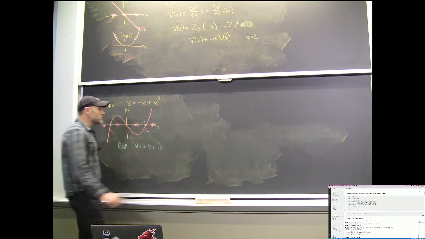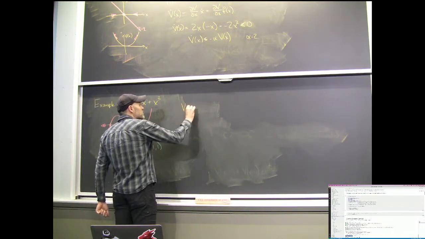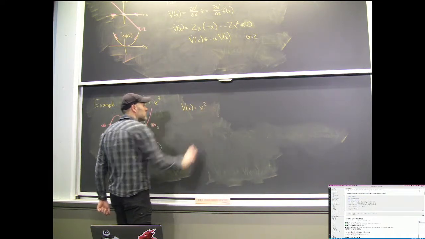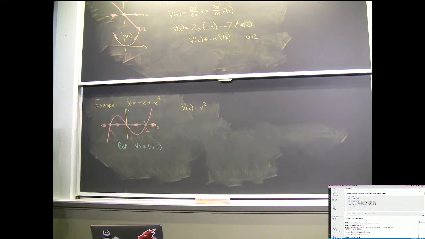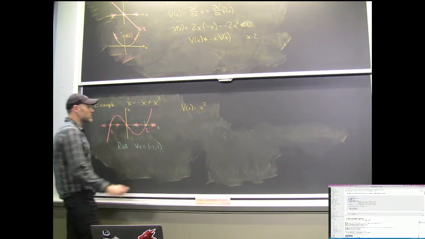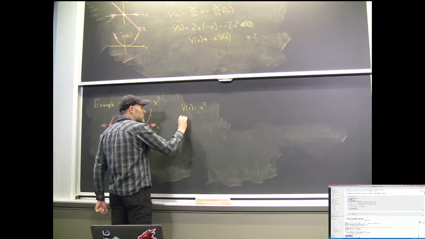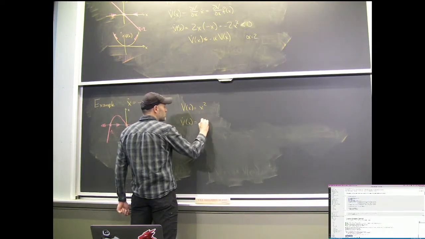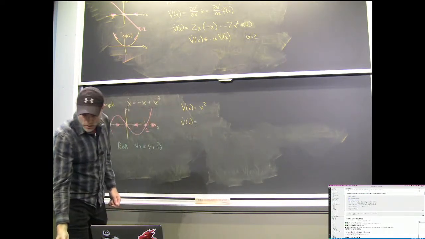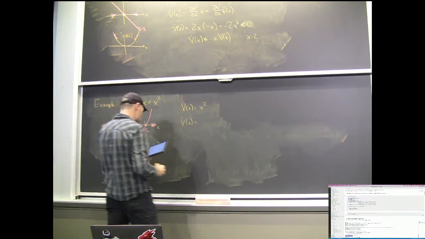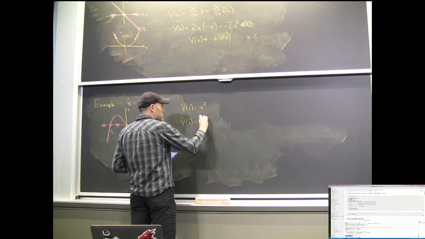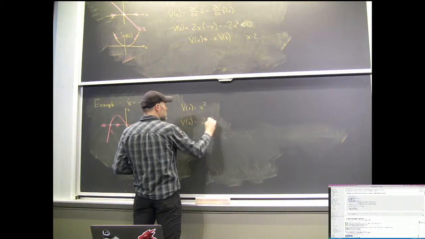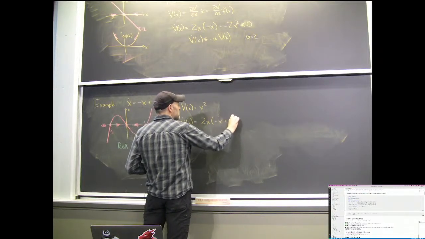And it turns out, if I just do V equals x squared again, I can actually get this completely. Okay, so then V dot of x is partial V partial x times f, so partial V partial x is 2x times negative x plus x cubed.